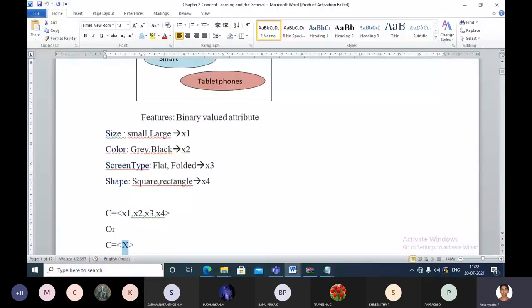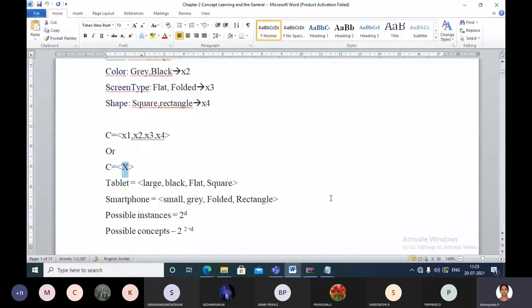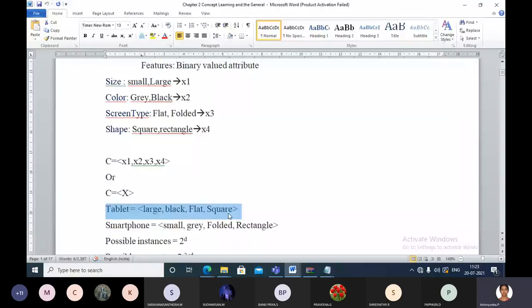Okay, and this is an example: tablet equal to large, black, flat, square, where size is large, color is black, screen type is flat, and shape is square.